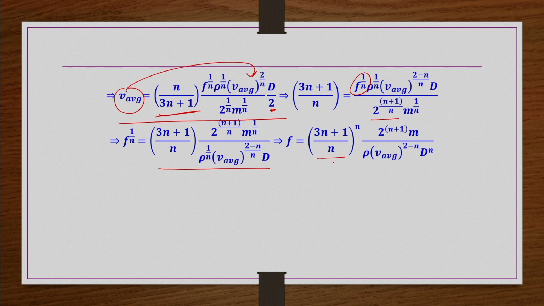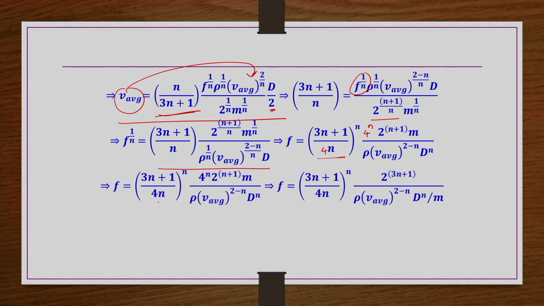So next, I multiply this term by 4 power n and divide the right side by 4 power n, so that I can write f is equal to 3n plus 1 by 4n whole power n, times 4 power n, and the remaining terms as they are.